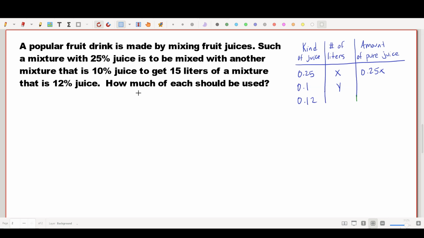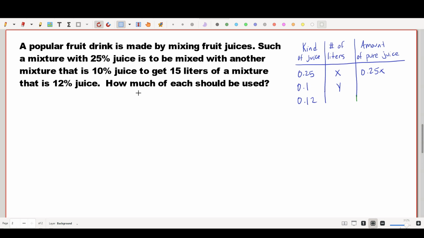And they also give us this little table here to help us set up our variables and think through this problem. So if you look here, there's two types of juice. The first one has 25% juice, and we don't know how many liters of this juice we're going to use.